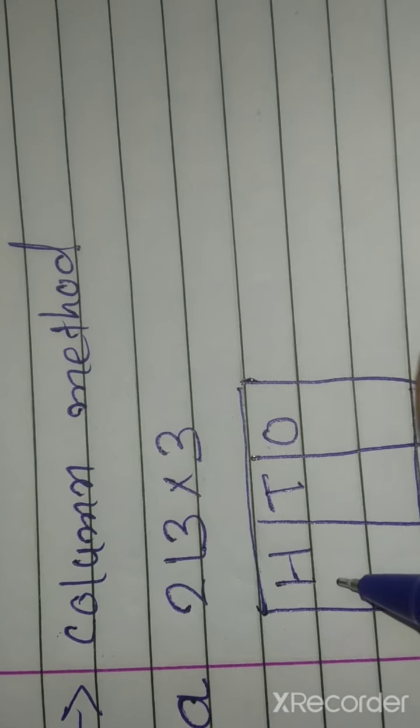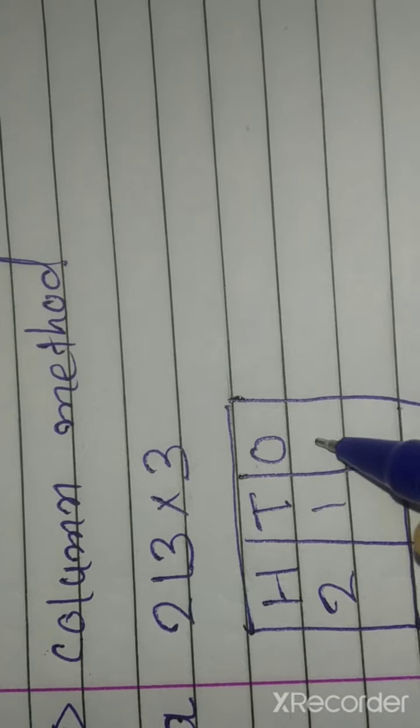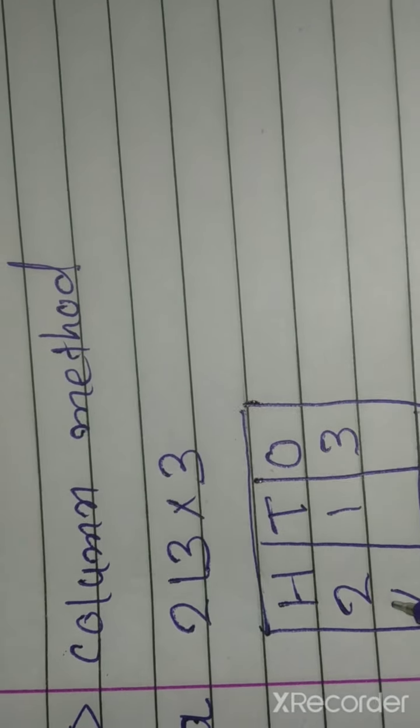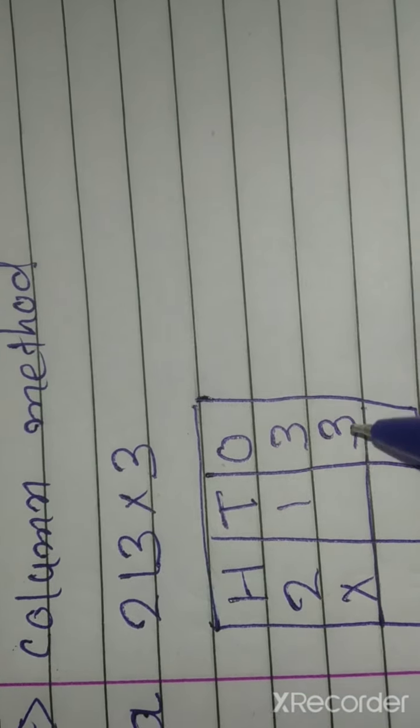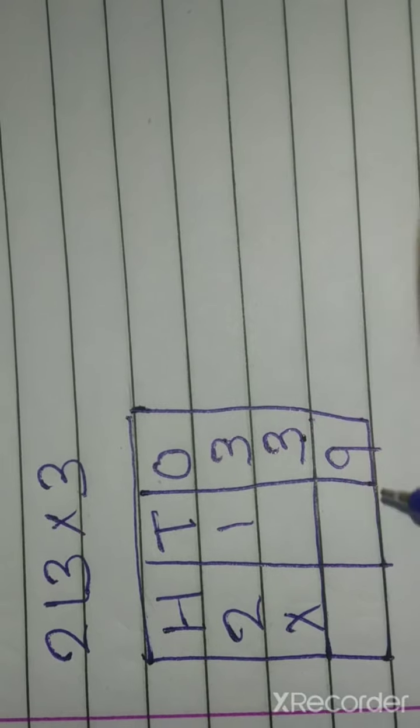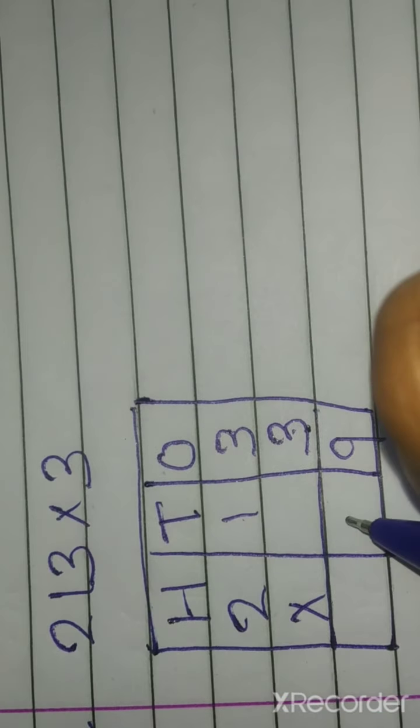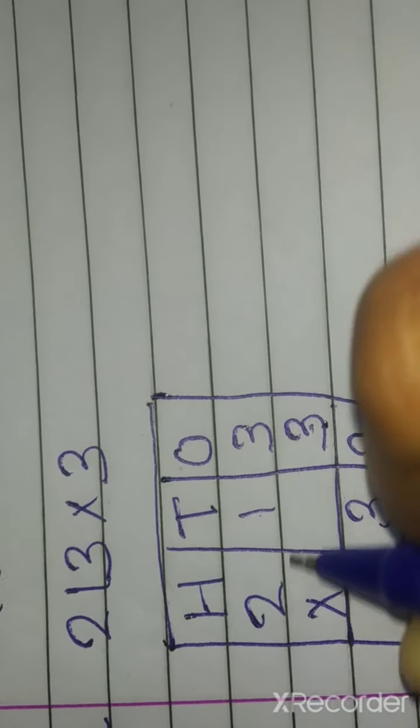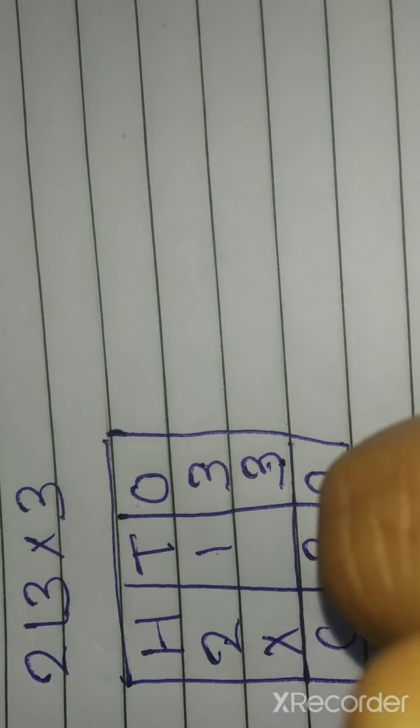Here we have to write 230 into 3. Now 3 3s are 9. So here we have to write 9. 3 1s are 3. 3 2s are 6.